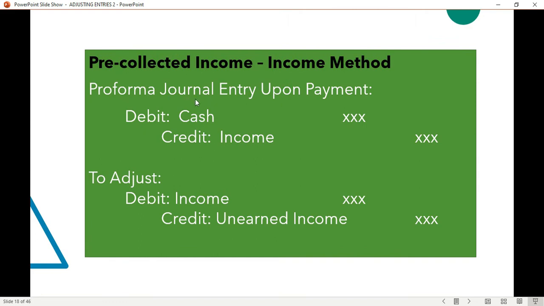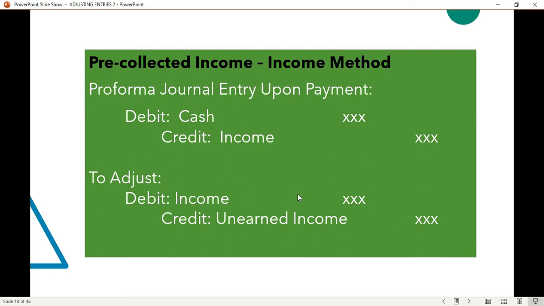This was the entry made upon receipt of cash, or upon collection: a debit to cash and a credit to income. So you recognize it as income in the whole amount. At the end of the period, you will be adjusting the unearned income, or the liability portion.